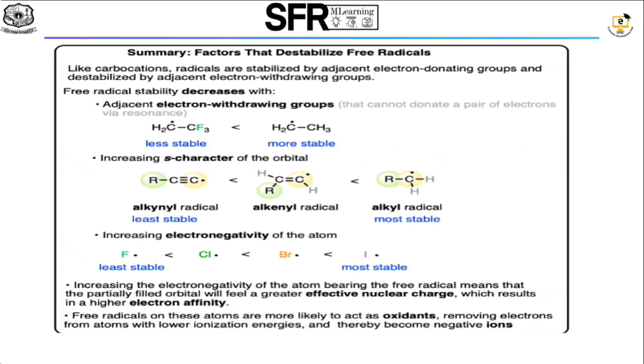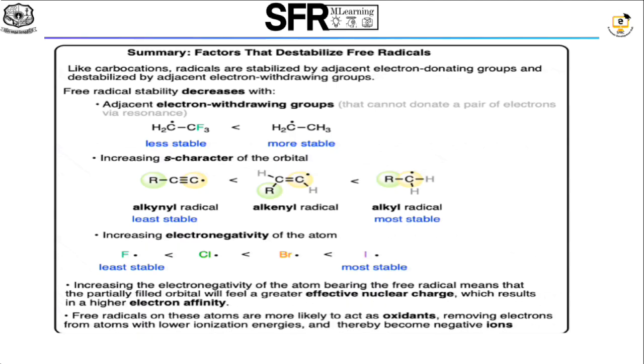Increasing the electronegativity of an atom bearing a free radical means the partially filled orbital feels a greater effective nuclear charge, which results in higher electron affinity. Free radicals on these atoms are more likely to act as oxidants, removing electrons from atoms with lower ionization energy and thereby becoming negative ions.